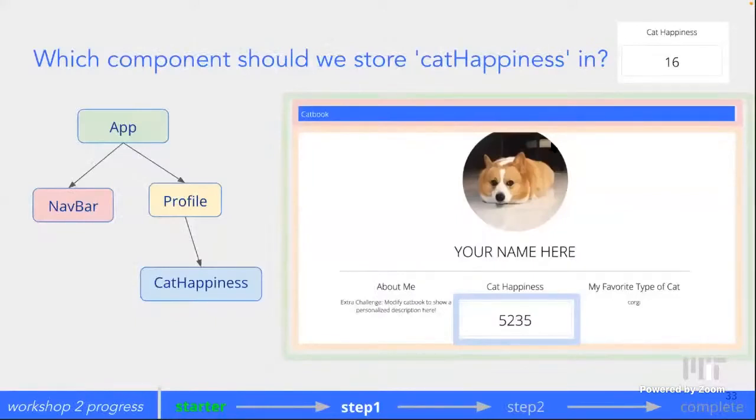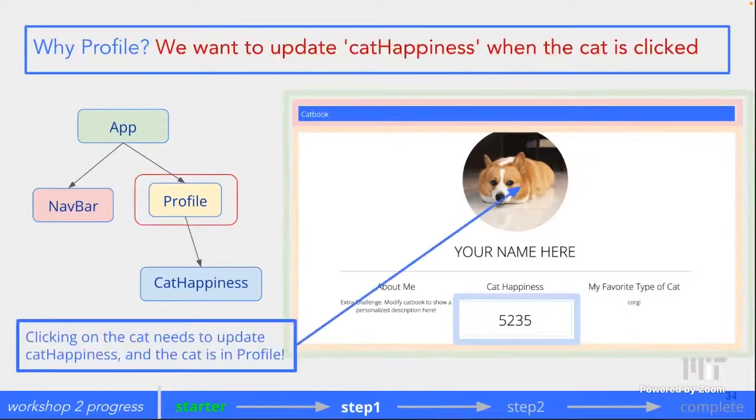So we need to store this value of cat happiness. What we're going to do is store a state somewhere. But states need to be in a component. We need to put that useState line somewhere. We could put it in App, in Navbar, in Profile, or in CatHappiness. Where we actually want to put it is in Profile.